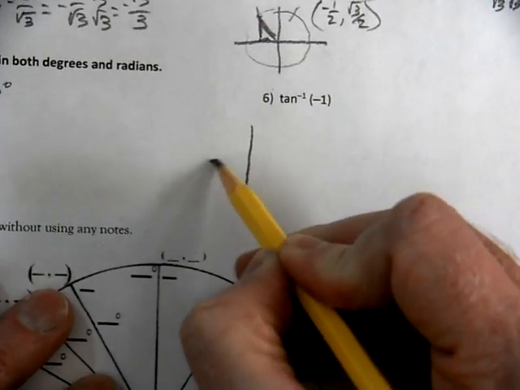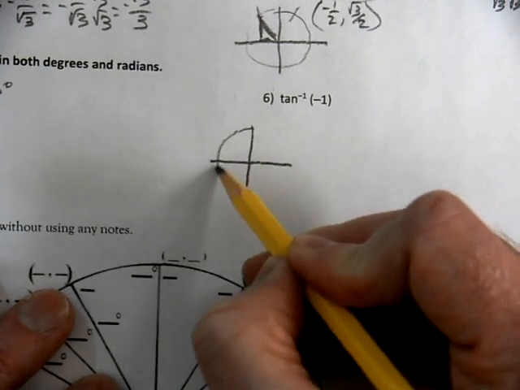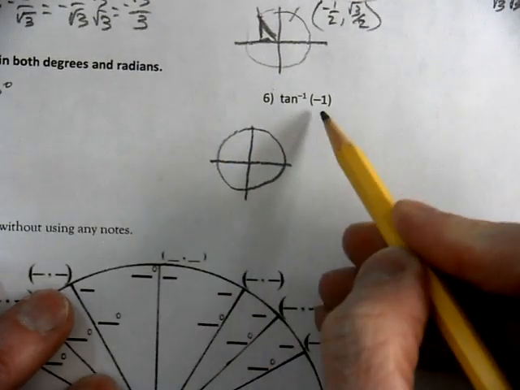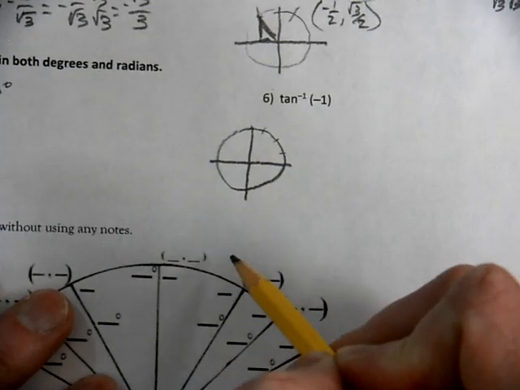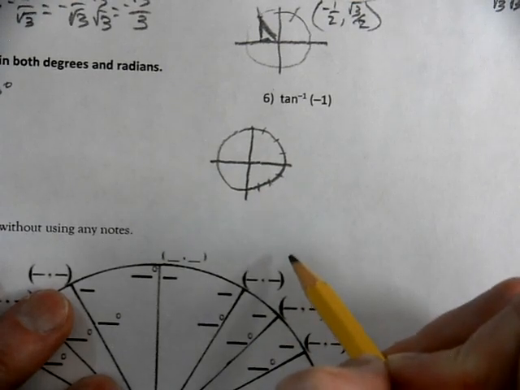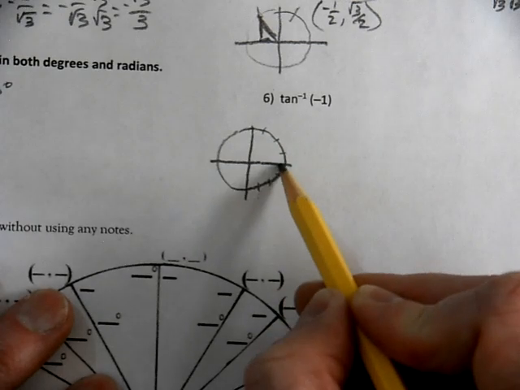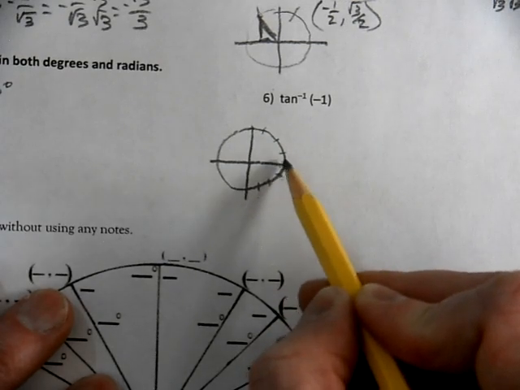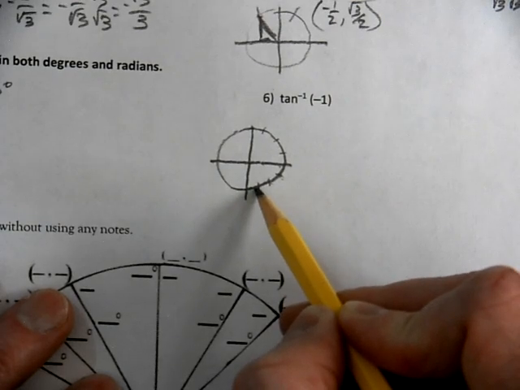Well, thinking about tangent, we know that we have positive tangents here. We have negative tangents here. We know out at the ends is going to be root 3 over 2, negative 1/2, or positive a half, negative root 3 over 2.